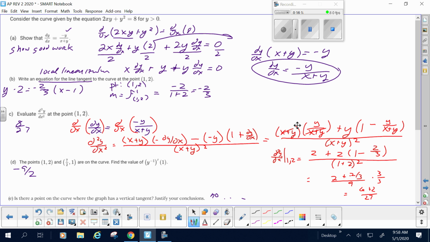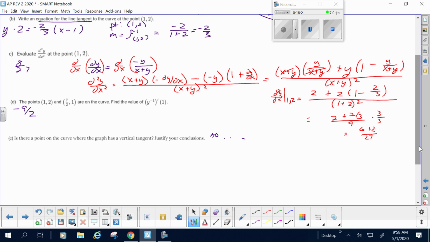Okay, D. This one is rough. You might have missed this one because this one was tough. All right, so let's go here. I got started fine. The derivative of the inverse is 1 over the normal derivative at the inverse point.